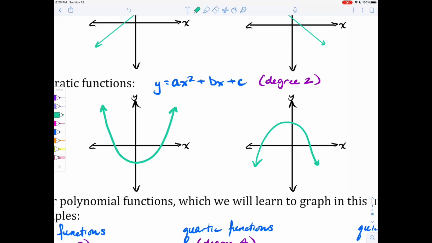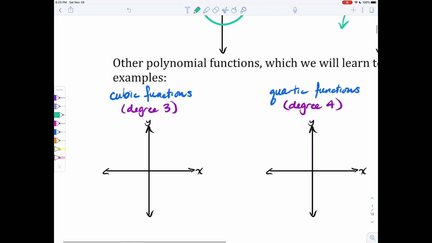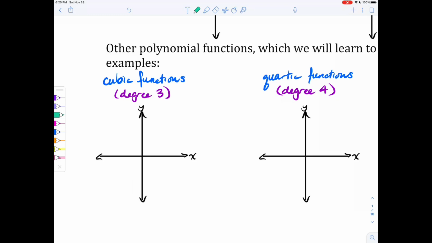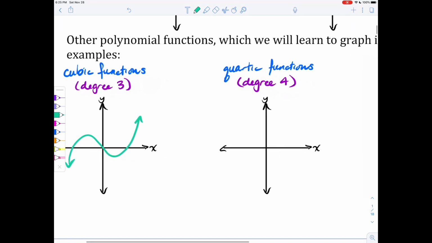And there are other types of polynomial functions, and we'll be able to graph some of them by the end of this unit, such as cubic functions. These have degree 3, so the highest exponent on x is 3, and that's where you'll see something perhaps like this. A quartic function has degree of 4, and that's where we'll perhaps see something like that.